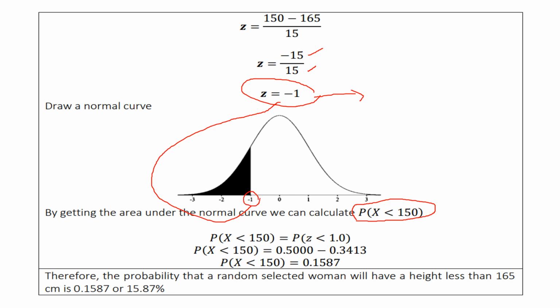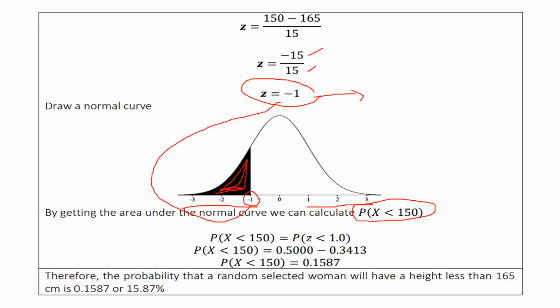In your normal curve, there are only 6 Z scores allowed, so there are 3 positive Z scores here and 3 negative Z scores here. So we consider those Z scores which are less than negative 1. The area under this portion, the shaded region, is the probability that will represent our notation here.